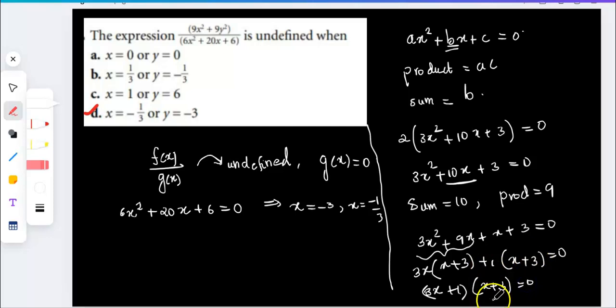I took the (x + 3) out, and the leftover is 3x and 1, written inside this parenthesis. So (3x + 1)(x + 3) = 0.